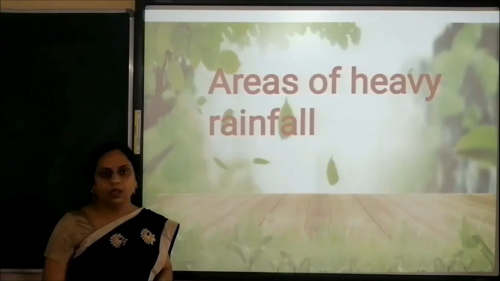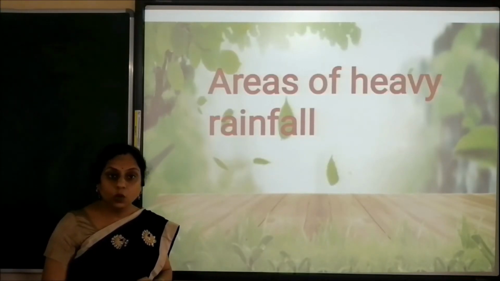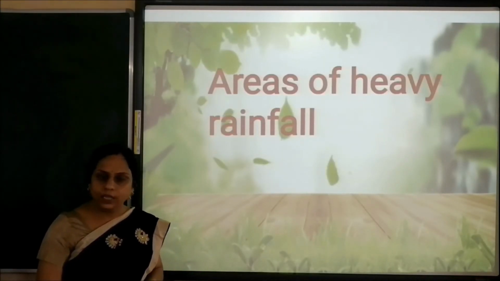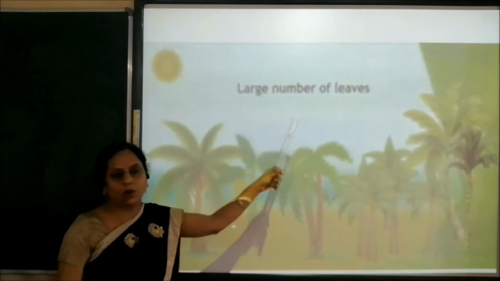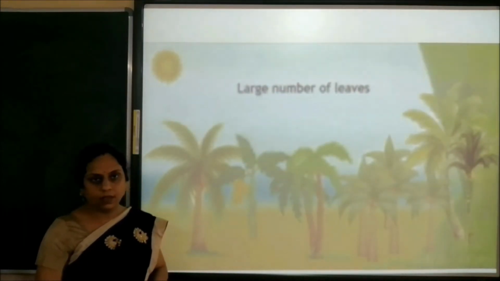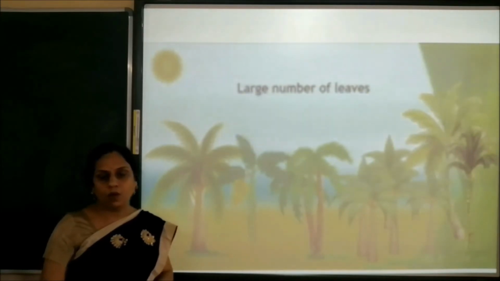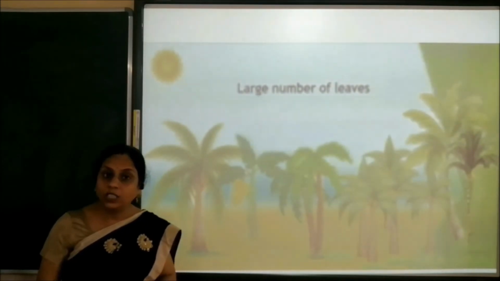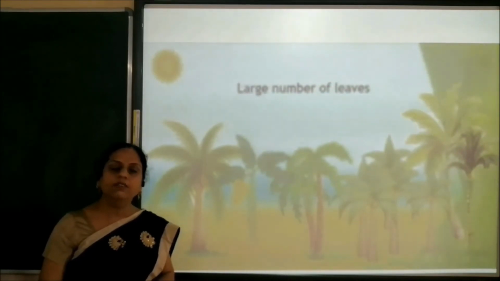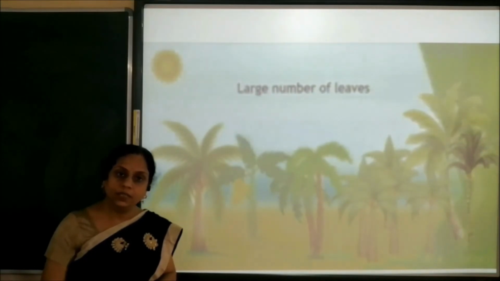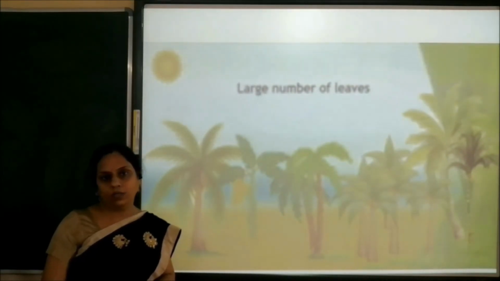The plants which grow in the area where there is heavy rainfall have a large number of leaves. They have a large number of leaves and they do not shed their leaves in winter. They shed their leaves gradually. Hence, their trees remain green throughout the year.